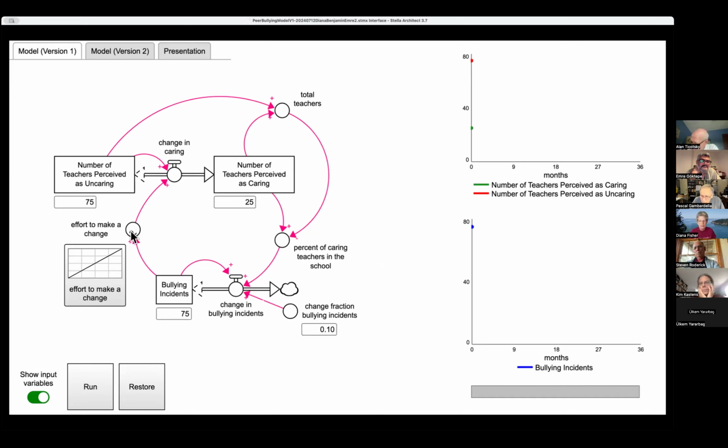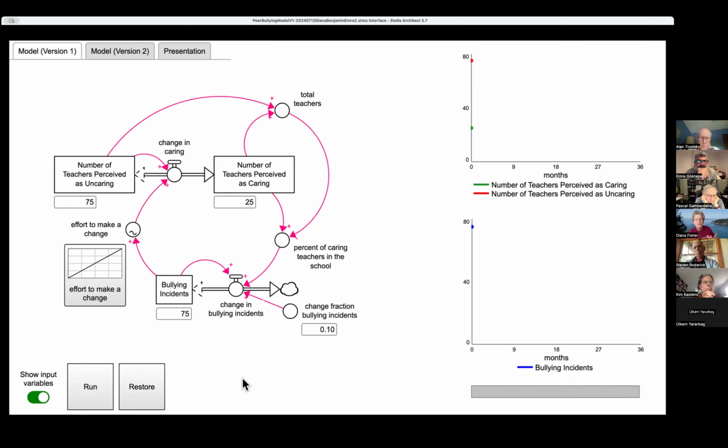It's probably not a line, but to make this operational, it was just a starting place. The more bullying incidents, the more pressure there is to talk to the teachers to see what they can do to improve the situation. So as you move to the right on number of bullying incidents, the pressure is to try to reduce uncaring teachers and help them learn how to make their classroom more caring.